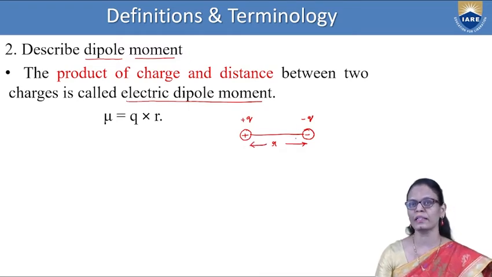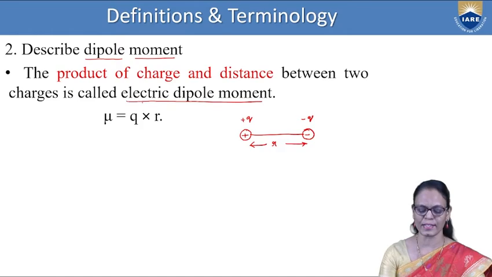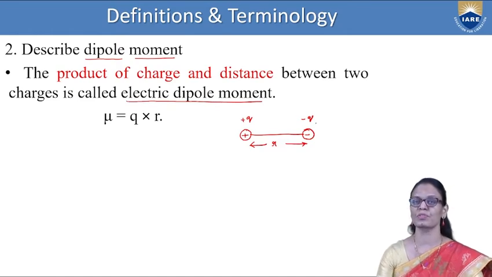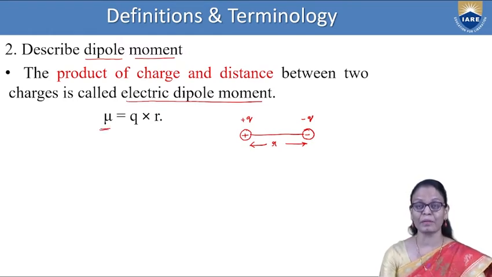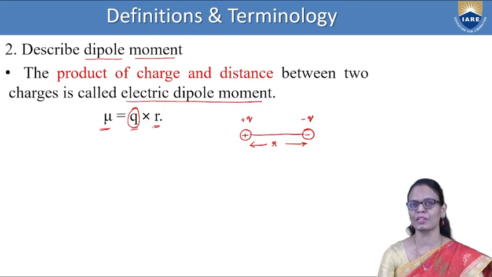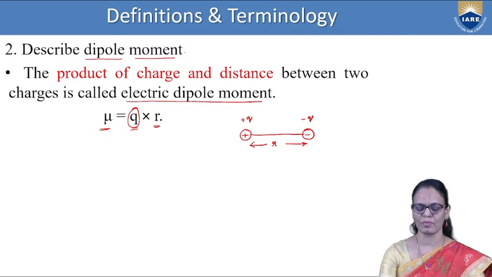Now we have to find the dipole moment, and we call it the electric dipole moment because it is due to the electric charges. Dipole moment is denoted by mu. It is the product of the charge, because they are equal in magnitude, we multiply one charge by the distance between the two charges. So mu is equal to q into r.